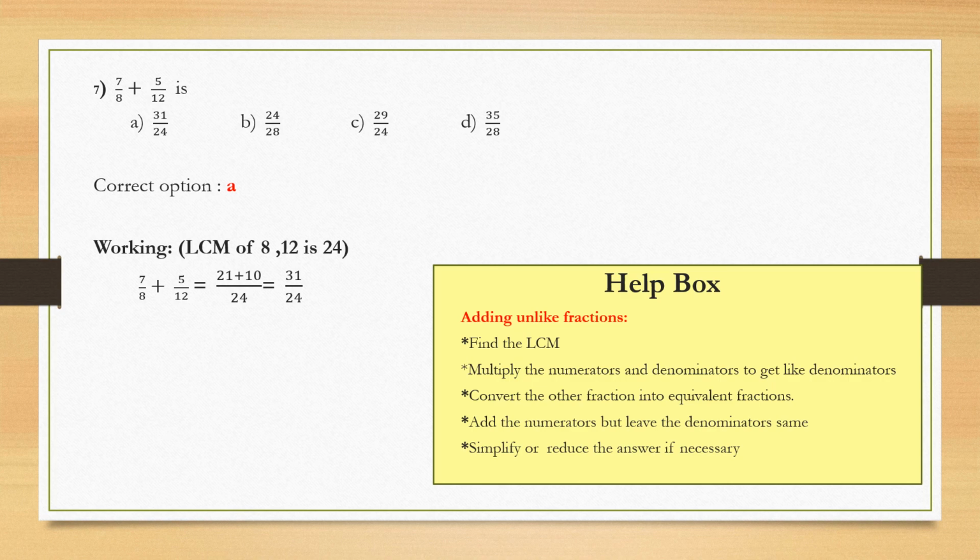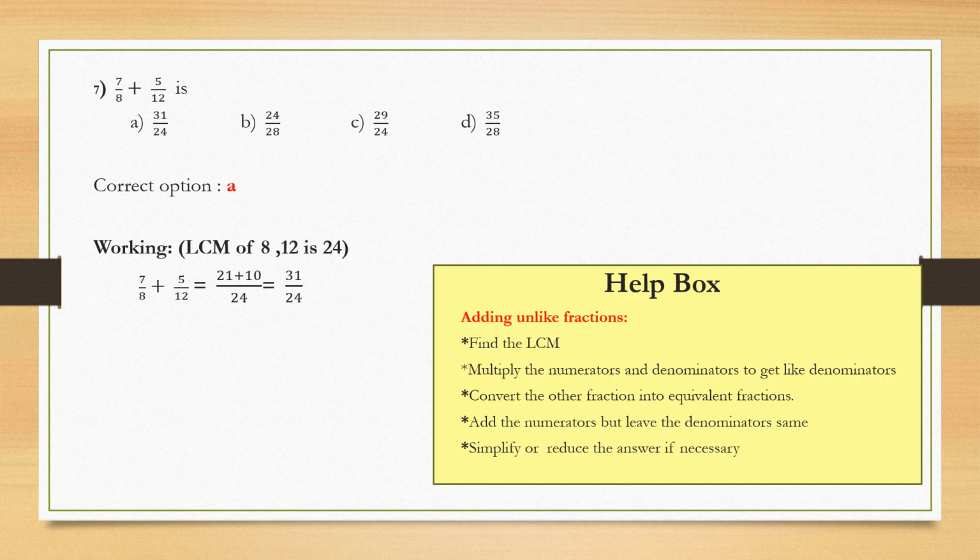Okay, we come to the seventh question. 7 upon 8 plus 5 upon 12. Now this is unlike fraction because your denominators, they are different. So what are we supposed to do? We're supposed to convert this into like fractions.